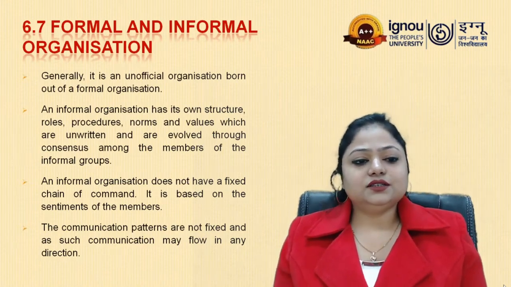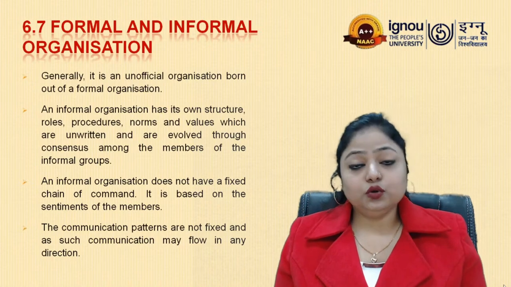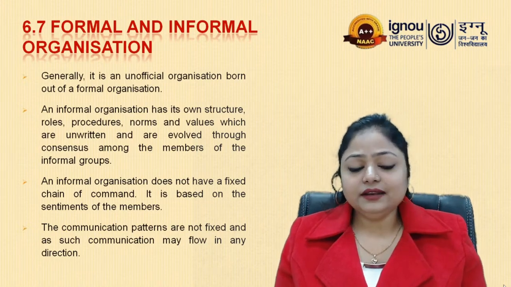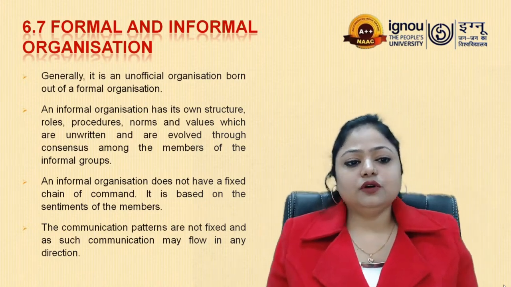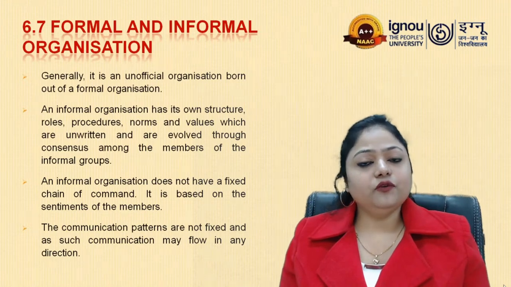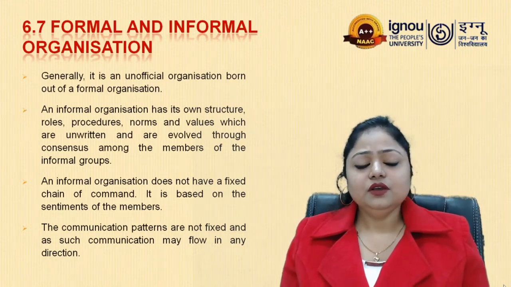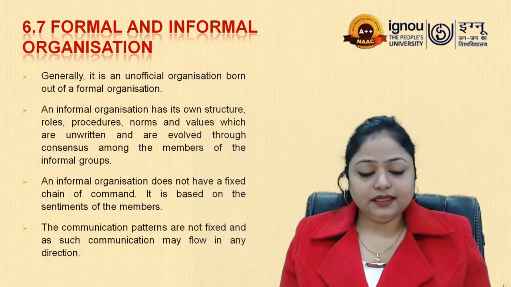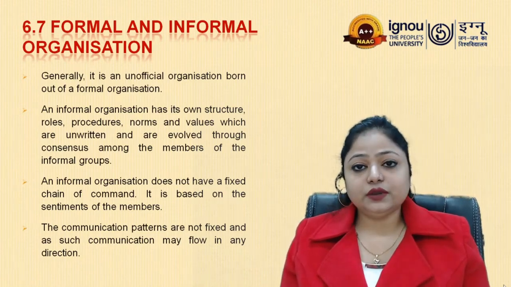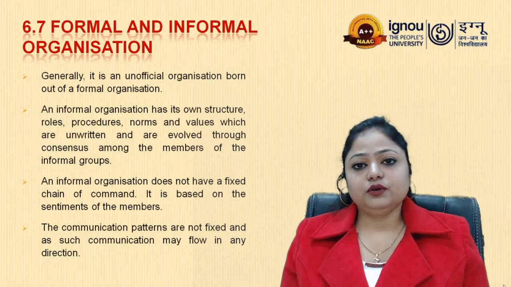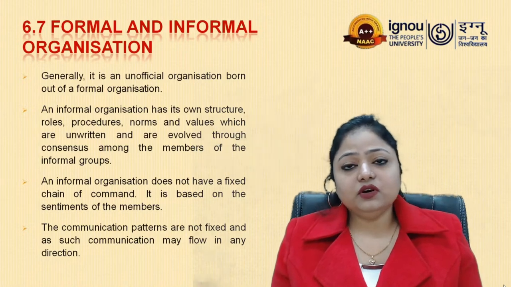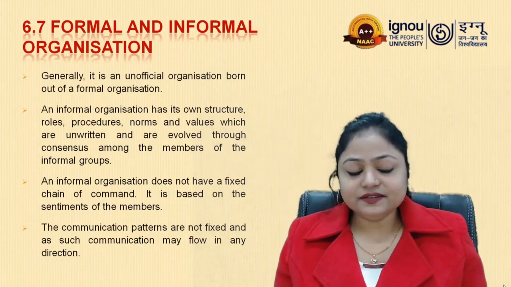So it has its own structure, roles, procedures, norms, and values which are unwritten. Members join it voluntarily, and it evolves through consensus among the members of an informal group. So there is no rigidity about who can join it or leave it, and there is no specific procedure to get involved in the informal group or exit from it. It's a very voluntary activity.